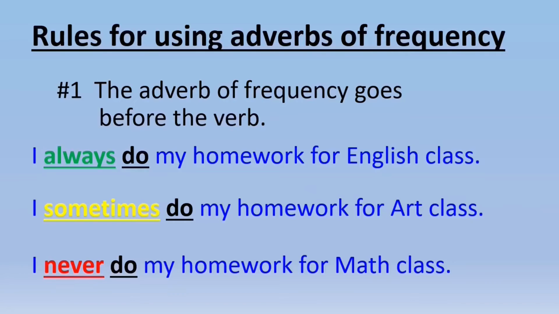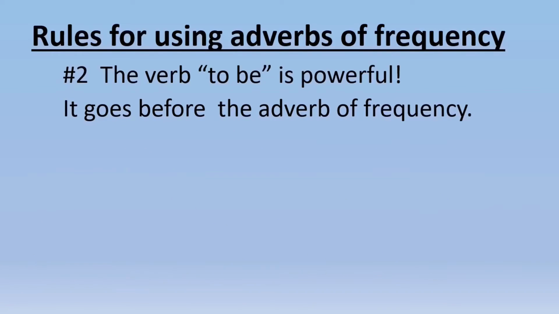Never, the adverb of frequency, comes before the verb to do. And it means 0% of your math homework gets done. So, to repeat, the adverb of frequency goes before the verb. I always do, I sometimes do, I never do.